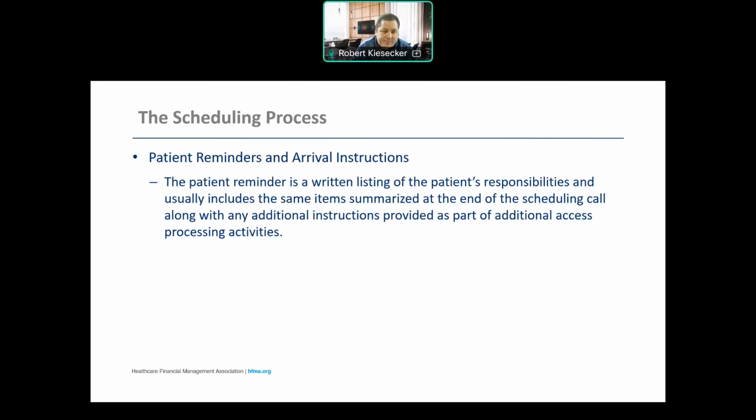The patient's reminder is a written listing of the patient's responsibilities and usually includes the same items summarized at the end of the scheduling call, along with any additional instructions provided as part of the additional access processing activities.